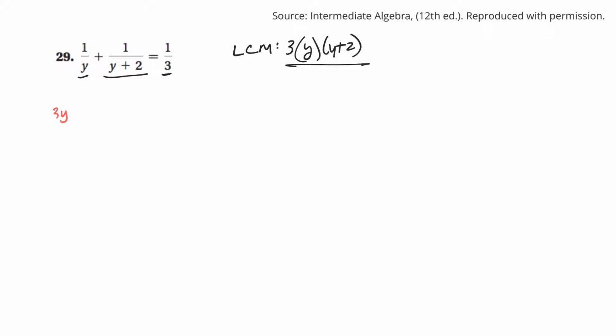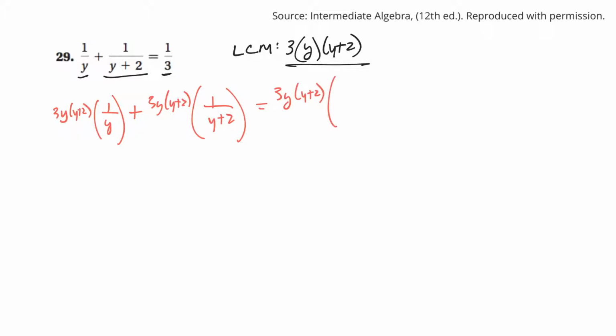So 3y times y plus 2, times 1 over y, plus 3y times y plus 2, times 1 over y plus 2, is equal to 3y times y plus 2, times 1 over 3. Okay, now let's do some simplifying. The y's go.